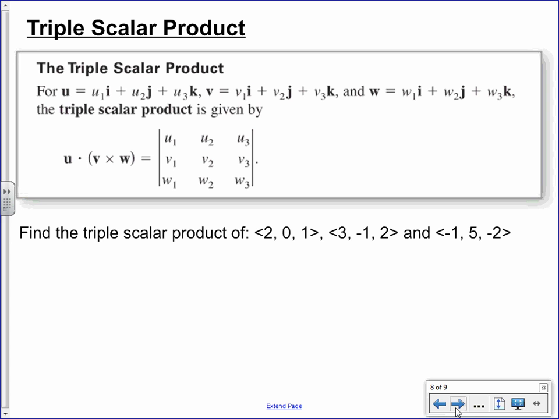Okay, a triple scalar product. A triple scalar product is when we're going to take U dot V cross W, or really in any order. Let's stick with U dot V cross W. Instead of finding the cross product to get a vector and then taking the dot product of those two vectors, we can actually throw all 3 vectors into a matrix and find the determinant to get that number.